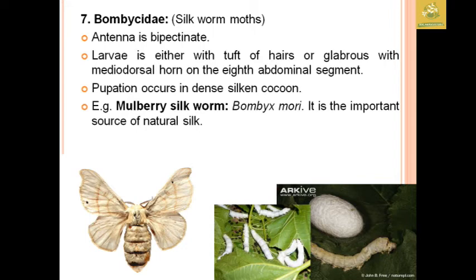Cocoon rearing is said to be the most famous for these mulberry silkworms. And regarding the larval character, they have a tuft of hairs and are glabrous with the median horn on the 8th abdominal segment. And the important characteristic you must remember is that the antenna is bipectinate.